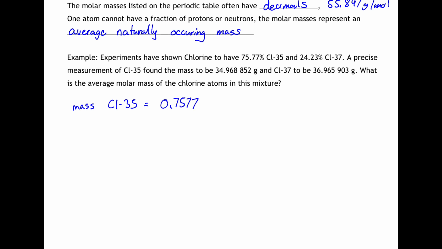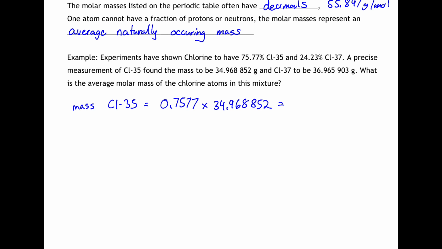Whenever we see a percent and we're going to do math on it, we always turn that percent into a decimal before doing any math. Now that we've turned the percent into a decimal, we can multiply it by what one of those is going to be. The 35 was 34.96885, which is a heck of a number, but we're going to do the math.